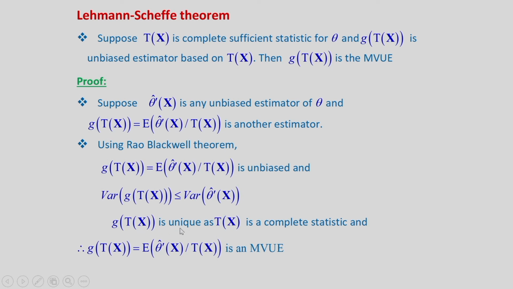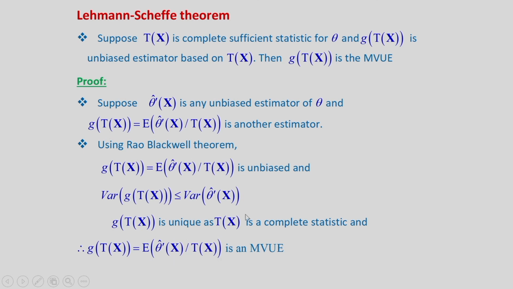Therefore, g(T(x)) is unique and its variance is less than or equal to that of any other unbiased estimator theta dash hat(x). So, g(T(x)) equal to E of theta dash hat(x) given T(x) is the MVUE, because it is unbiased, it is unique, and its variance is less than or equal to that of any other unbiased estimator.